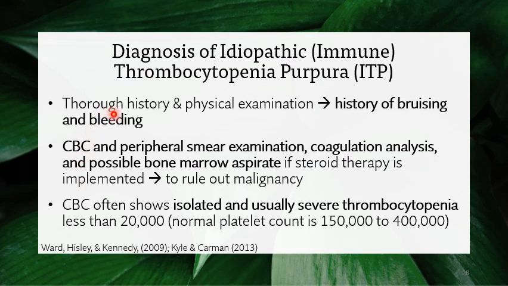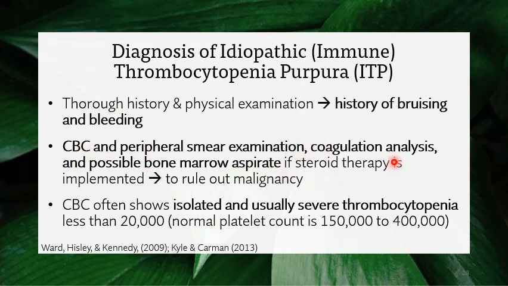And how to diagnose? Actually, through history and physical examination, and we need to see the history of bleeding and history of bruising. We do the CBC again, for sure, and we also do peripheral smear examination, coagulation analysis, and possible bone marrow aspirate.